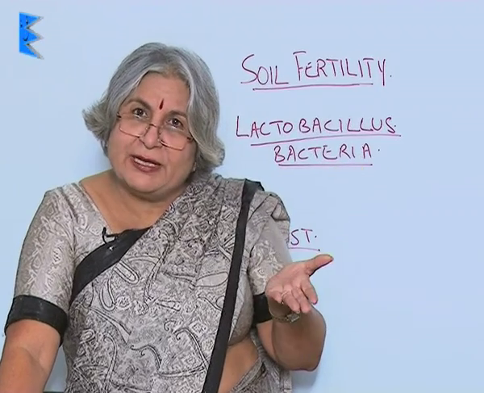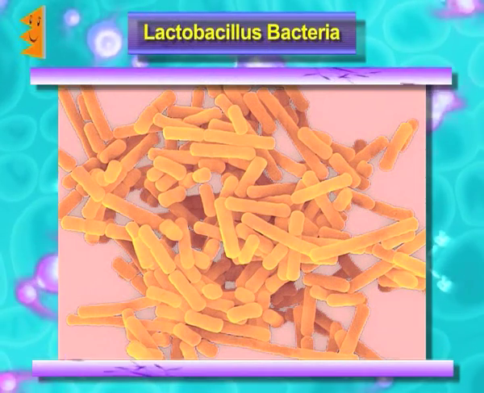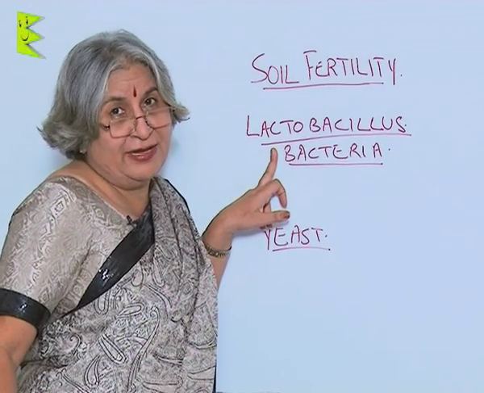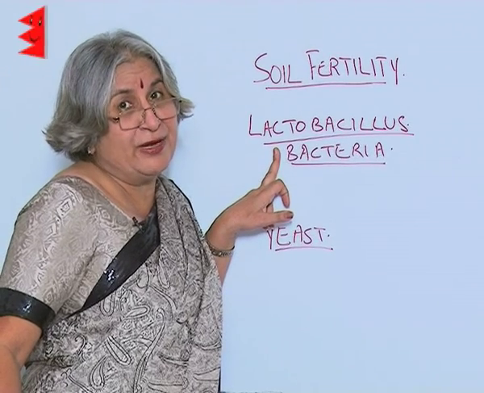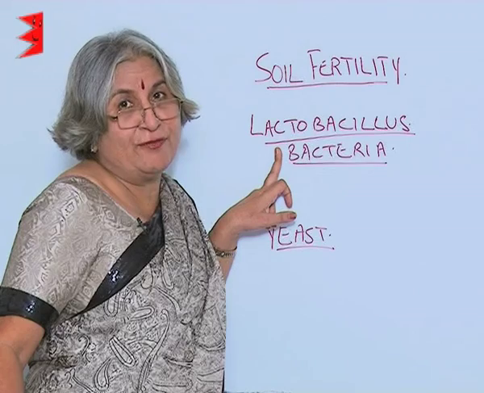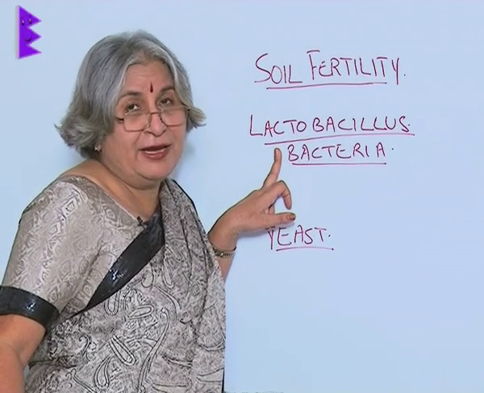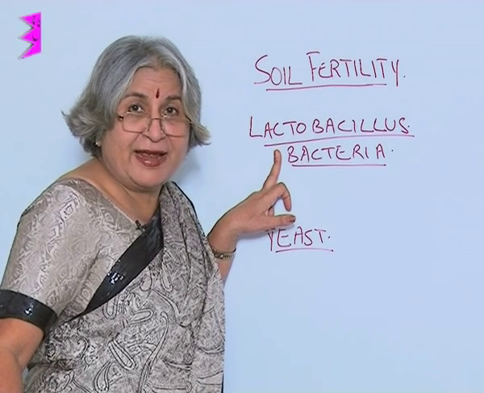Now, who changes milk to curd? Our dear Lactobacillus. The Lactobacillus is a bacteria. The word lacto is for milk, and bacillus is the special type of bacteria which has a shape of rod. You know, bacteria have different shapes. They can be rod shaped, they can be comma shaped, they can even be spherical.